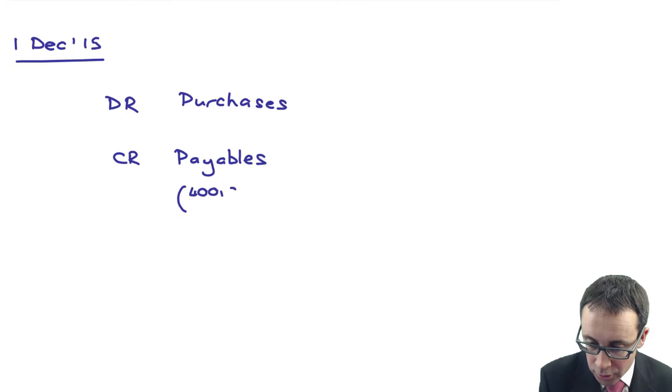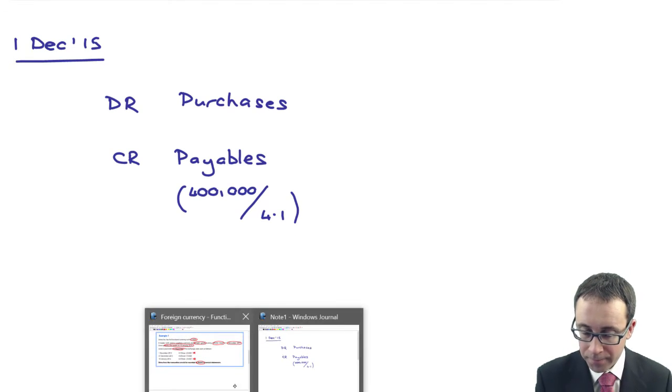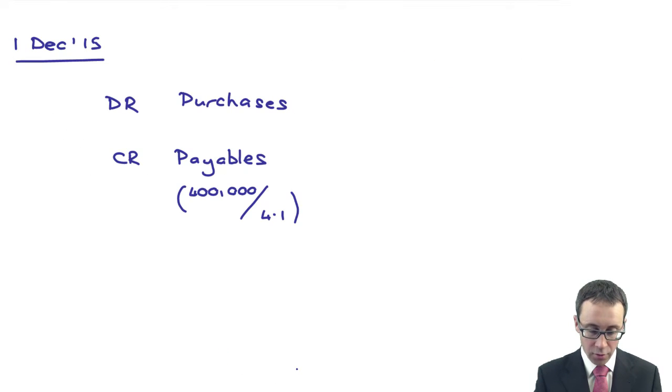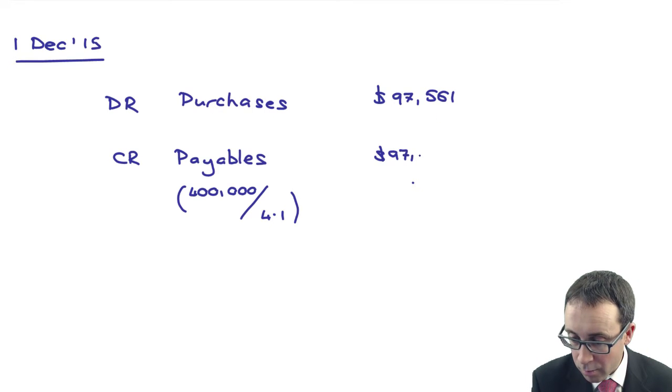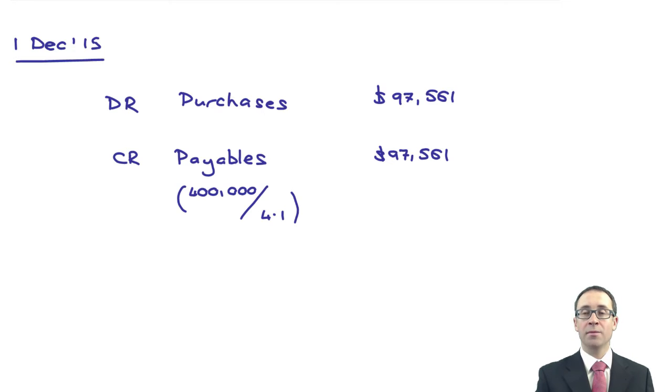Well, it's 400,000 dinars, isn't it? The rate that was in place on that date, I think, was 4.1. Okay, yeah, 4.1 dinars to the dollar. So 400,000 divided by 4.1 in terms of dollars gives me there 97,561. There we go. So that's the amount of dollars that you would record in Jones's financial statement. If you like, that's your initial recognition, isn't it?